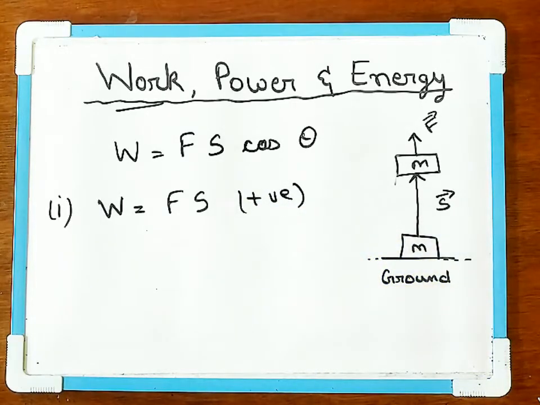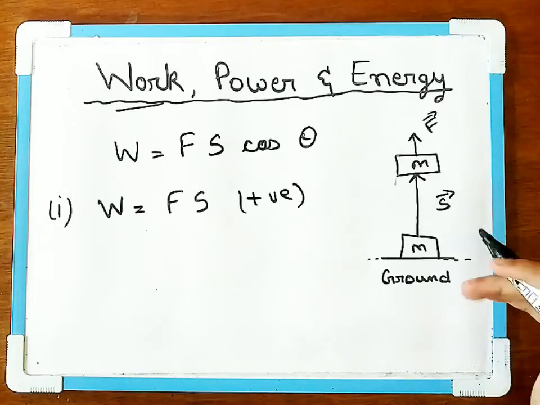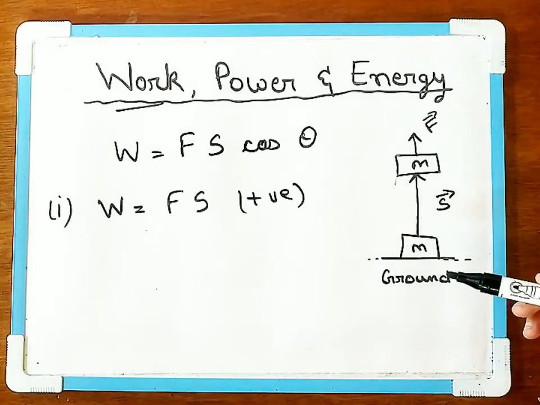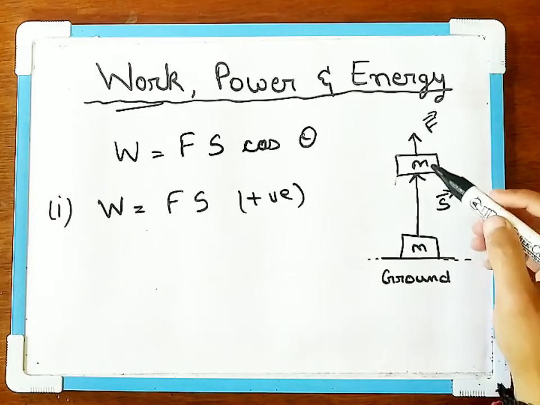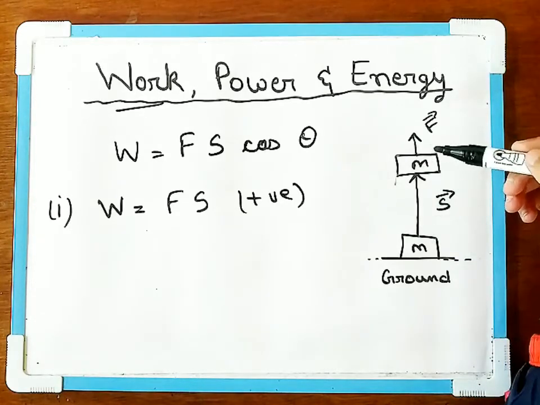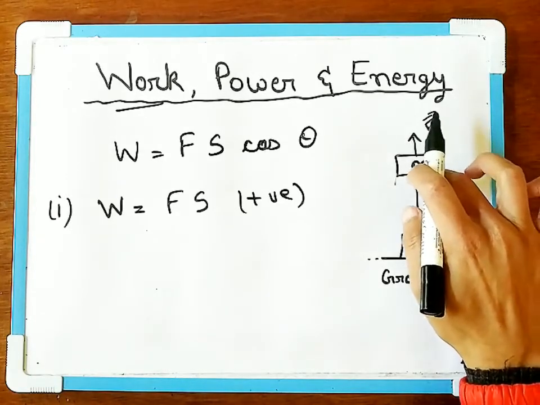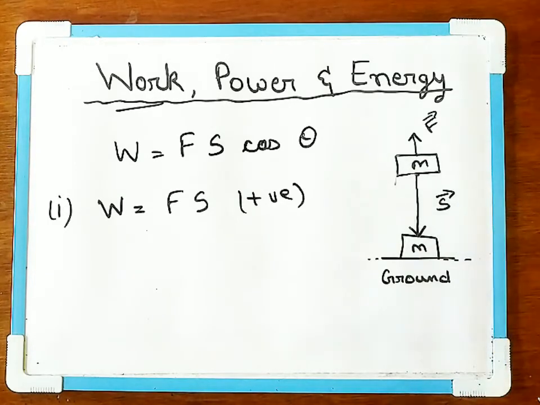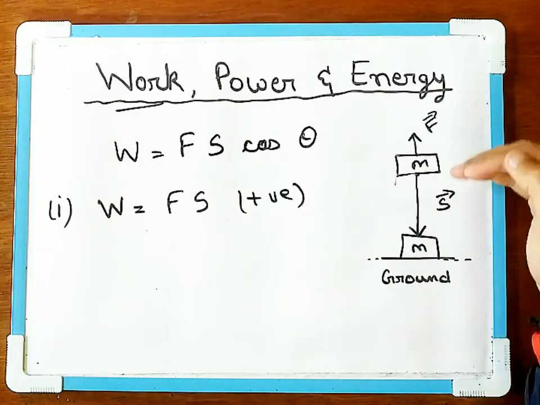Now suppose after lifting this object from the ground to this position, we again bring this object from this position to the ground. So here instead of lifting it upwards, we bring this object from this position to the ground through the same displacement S. And when you carry an object, the force will always be upwards.